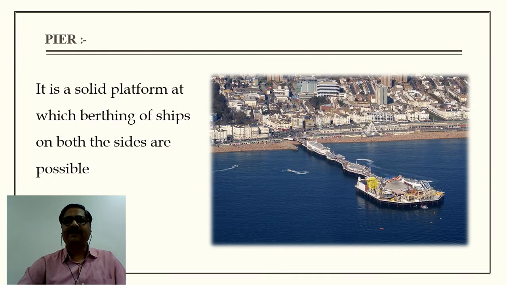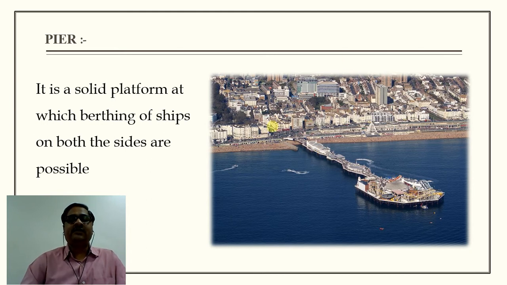Now what do you mean by pier? The figure itself shows it. It is a solid platform at which berthing takes place, where a ship gets attached or accommodated, near the jetties, a concrete platform very near the offshore.